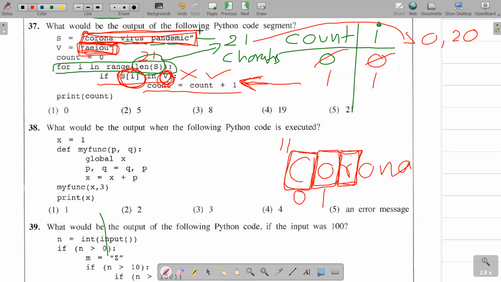So how many A E I O U's are there? 1, 2, 3, 4, 5, 6, 7, 8. So the answer is going to be 8.